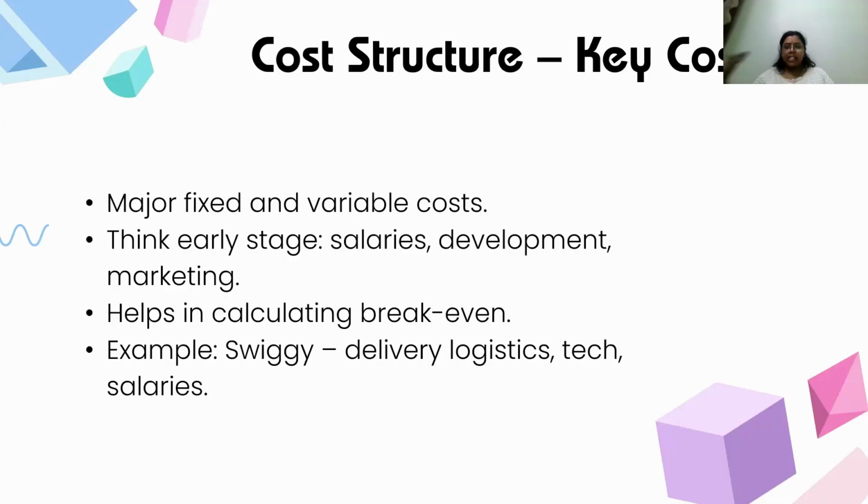I'll give you a very basic example of this. Imagine I'm doing an office setup or a bakery. Let me take the example of a bakery. My one-time cost will be setting up the bakery, buying some equipment. I'm going to do that only one time. I'm going to buy the oven only once, not every month.